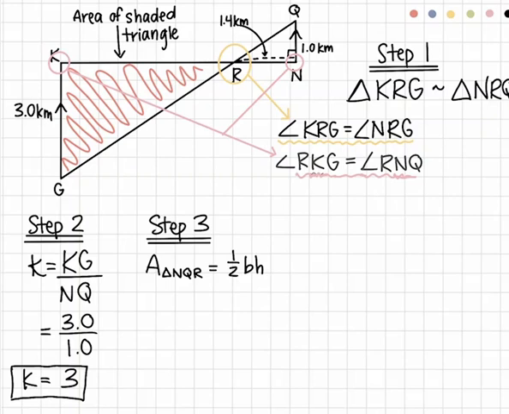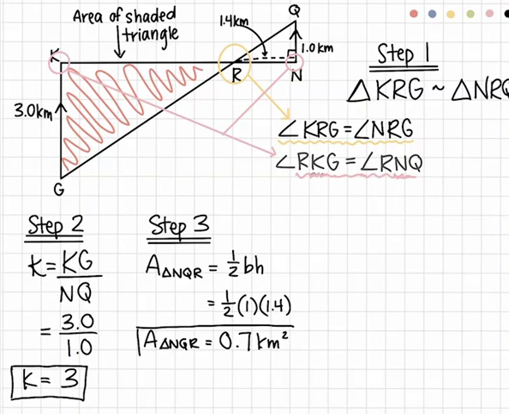That's how we find the area of a triangle. So I'm just going to substitute in the information that it's given me already. My base is 1 kilometer and my height is 1.4 kilometers. So I know that the area of triangle NQR equals 0.7 kilometers squared. Okay?